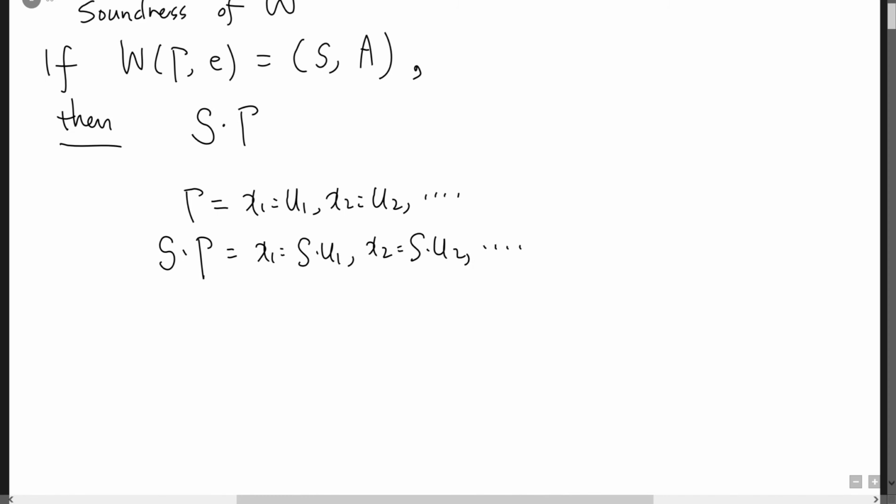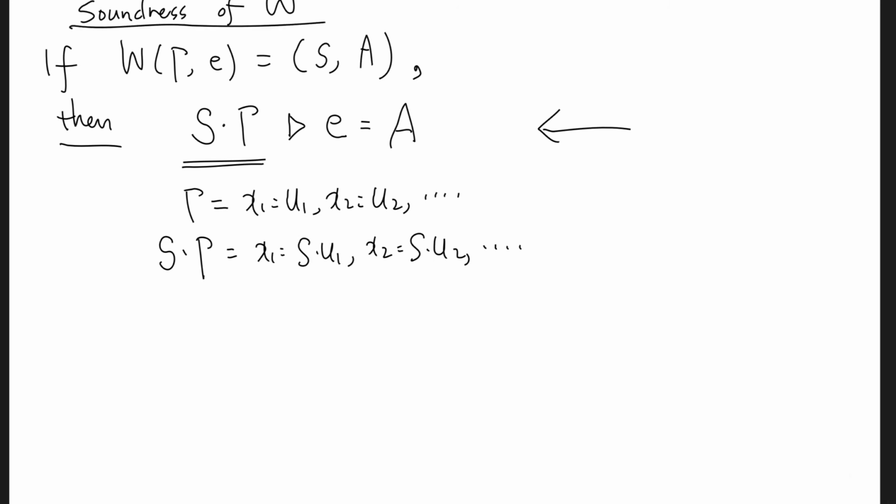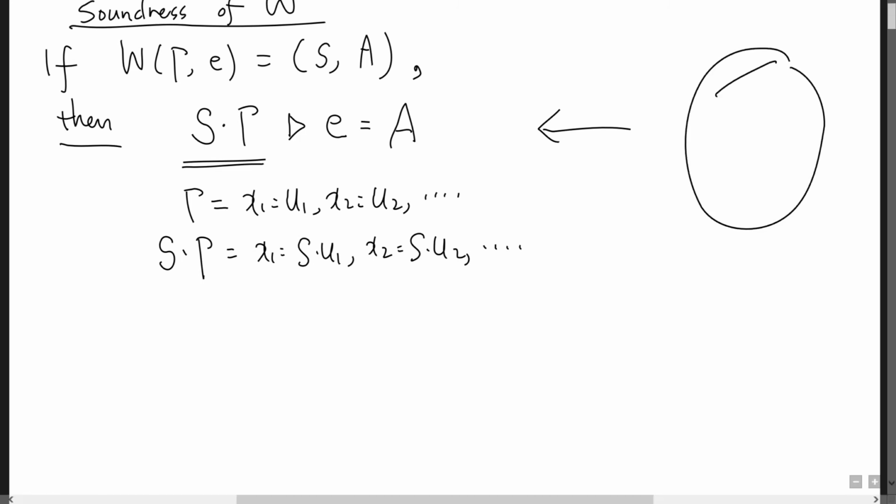So the definition is straightforward. So under this modified typing context, expression E has a type A. So this is the soundness of algorithm W. Or you can think of it as the specification of this algorithm W. And we will actually now develop the details of the algorithm W.